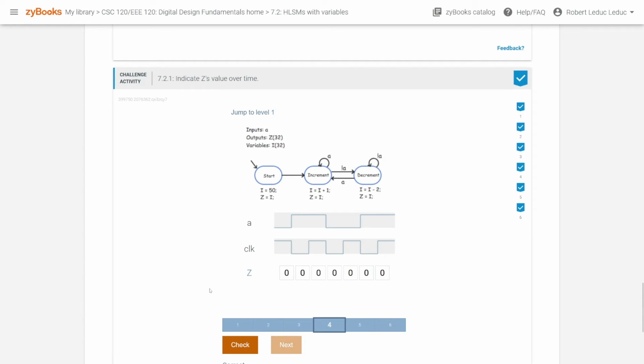And moving on to the fourth problem, we see we're given a slightly more complex high-level state machine here. In addition to a start and increment states, we also have a decrement state.